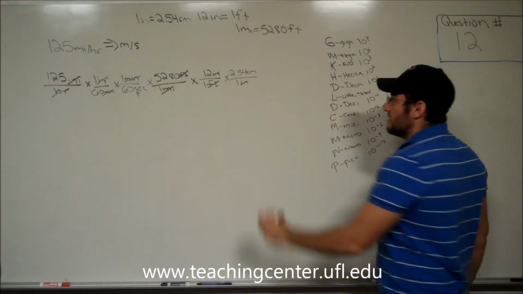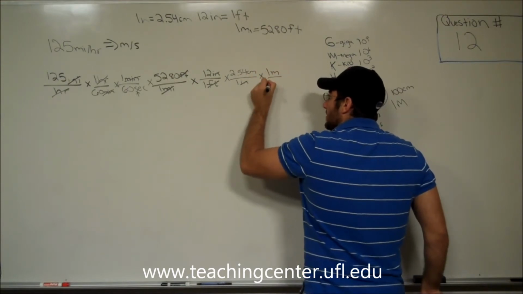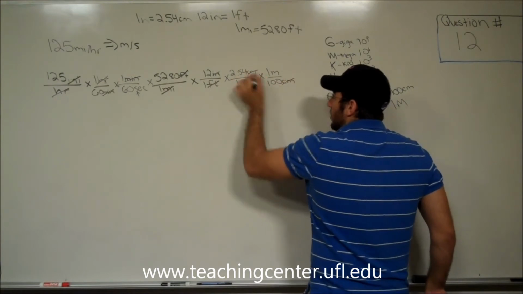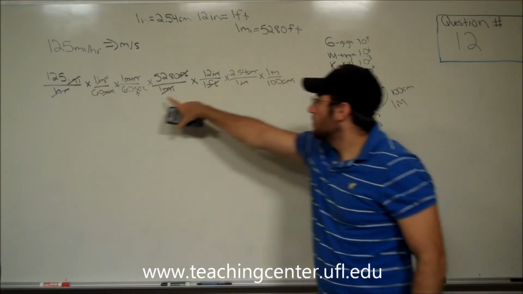So now we want to cross the centimeters out with the meters. So 1 meter has 100 centimeters. Centimeters cross out, and we're left in terms of meters per second.